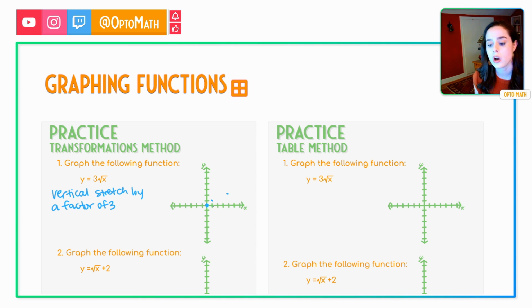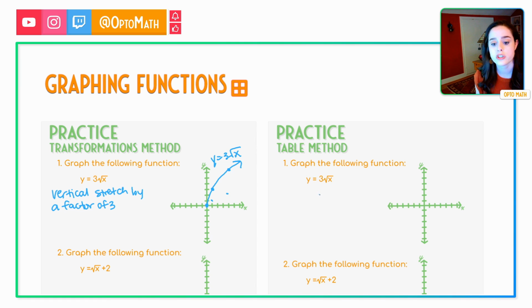It's going to be 1 and then 3 because we've taken that y value of 1 and multiplied it by 3. So 1, 3. And then 4, 2 becomes 4, 6, because we've done that 2 times 3. Here is our new graph. Okay, so that's just going to be y equals 3 times the square root of x.